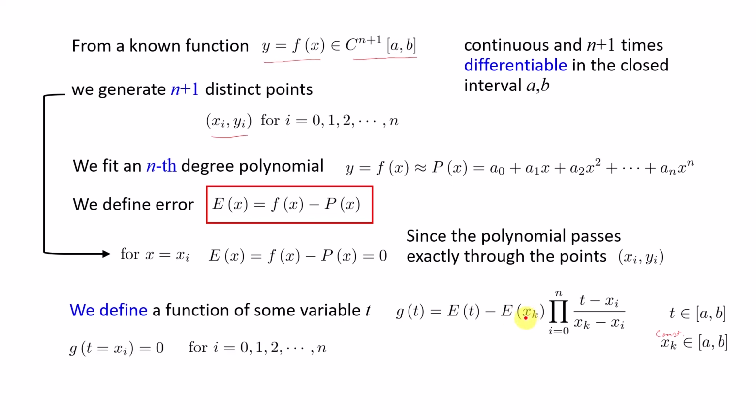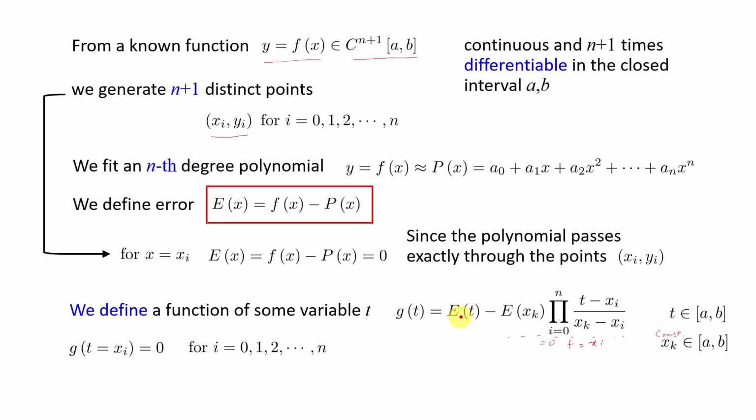Now you see that if I take t equals xi, at these points i equals 0 to n, then what happens? Here I have lots of (t minus xi) terms at the top, and when t equals xi, all these (t minus xi) will be 0. So the second term of this g(t) will be 0 for t equals xi.